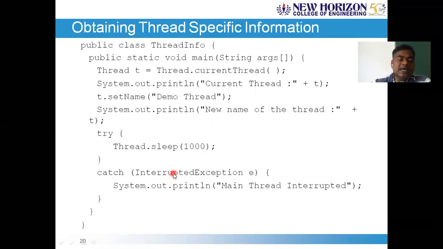That is what we call an interrupted exception. I repeat, if the thread is made to sleep for a certain duration and in that duration any interruption happens, meaning someone comes and makes the thread awake, that is the interruption.